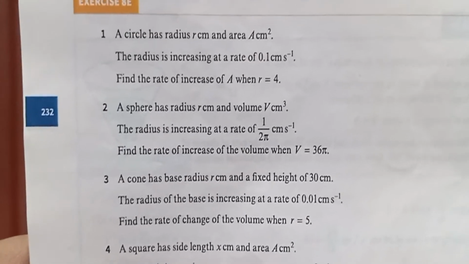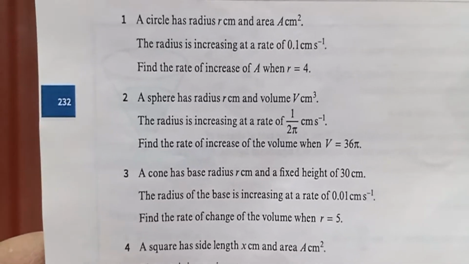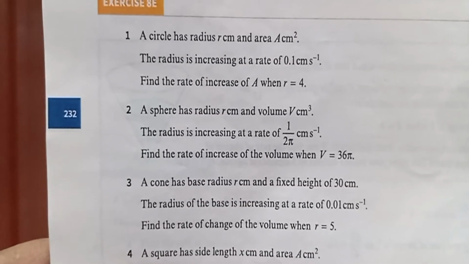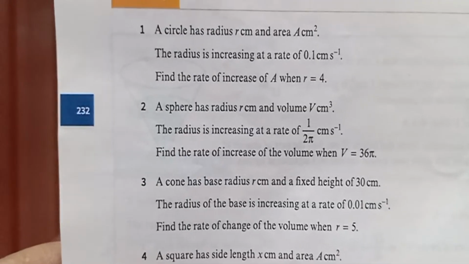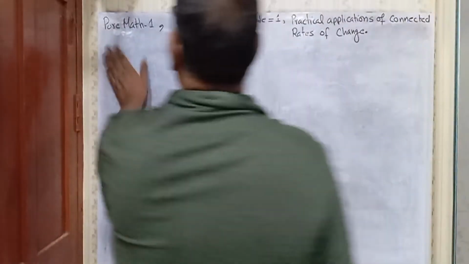So some basic information is given. The dr by dt is given and dV by dt is the question, when V is equal to 36 pi. From there we can find the value of r.